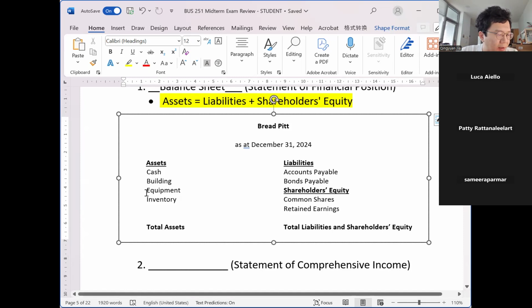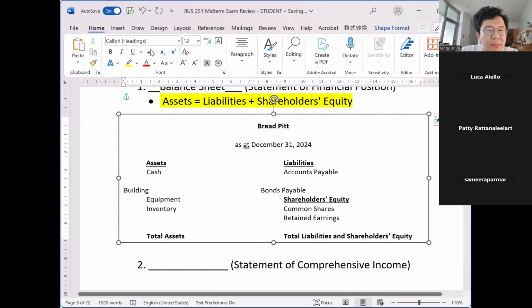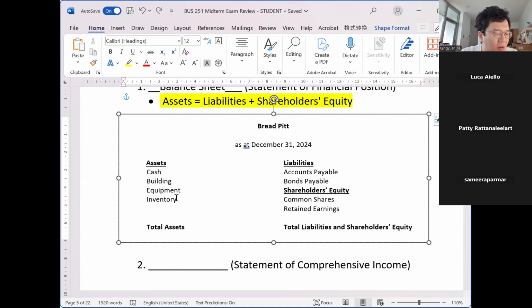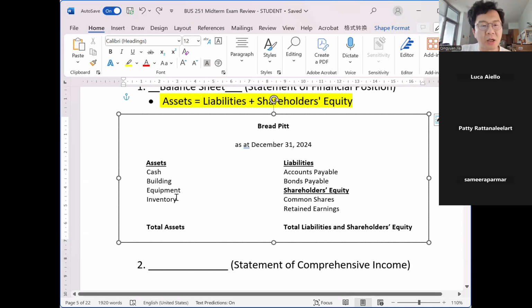And for something like buildings, equipment, and also inventory, this belongs to the category of non-current assets. It's something that won't realize the value in a year. It's not that easy to get liquidated. It's not that easy to convert them to cash. So it belongs to non-current assets.